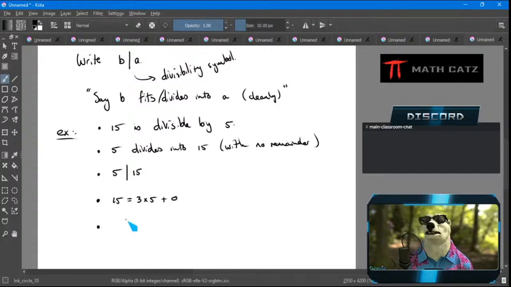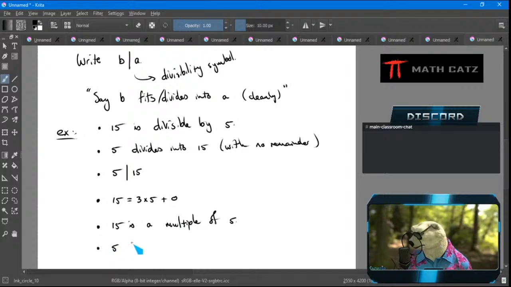Then two important ones, which people seem to not be as familiar with as I would hope. The words factors and multiples. When I look at 15 and 5, I now have divisibility. They are called specific words. The larger number, I suppose, is called a multiple of the divisor.